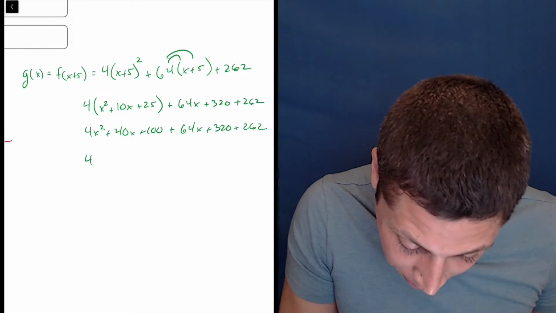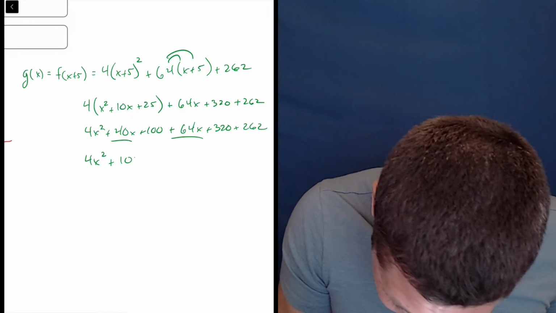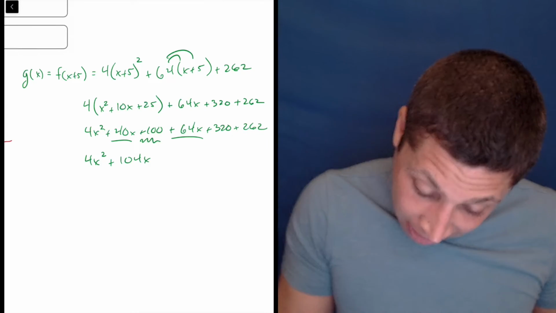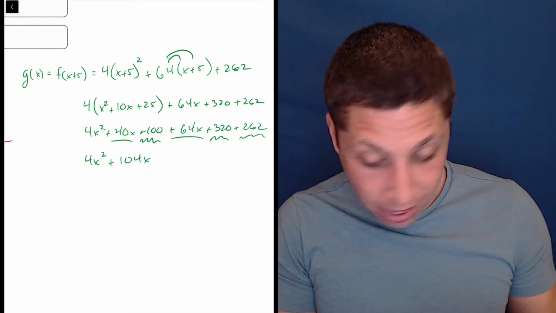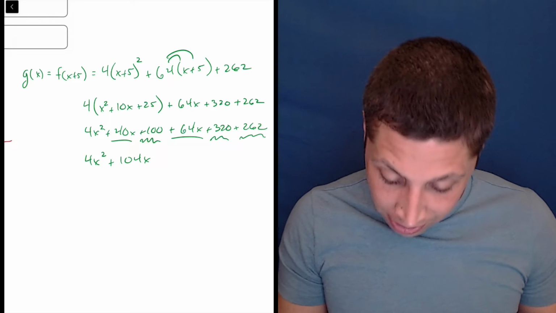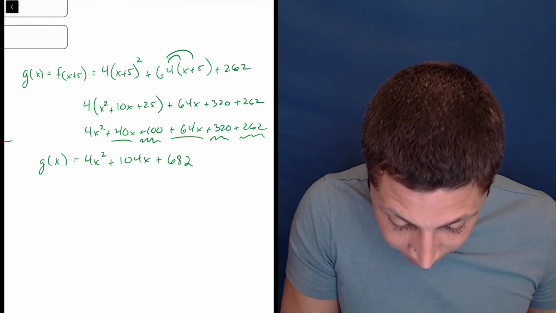Start combining like terms: 4x squared plus 104x plus 100 plus 320 plus 262 is 682. So that's my g of x right there.